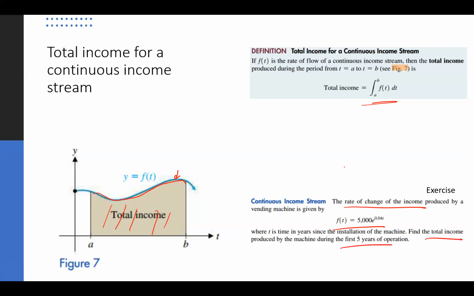We can just plug in the formula for 5 years, calculate this integral, and find out the total income. So that's just another application related to the total income and the single point income, which describes how fast it changes.